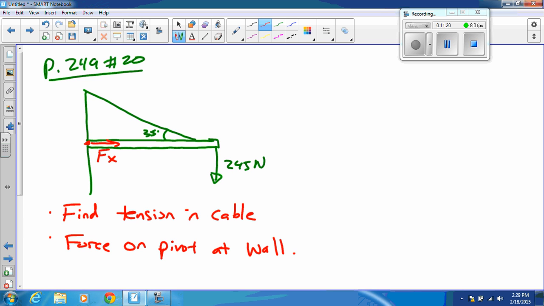We're going to call that Fx, the force of the pivot in the x direction. And the second thing that this pivot is going to have to do is keep the pole from rotating downwards, because this pole is going to have a tendency to go like this. And so to keep it from doing that, the pivot is also going to have to support it in this direction, like so.